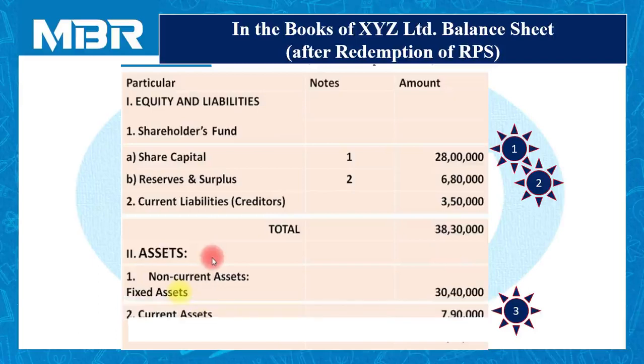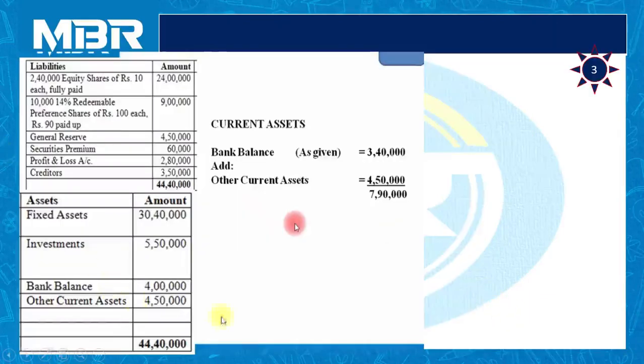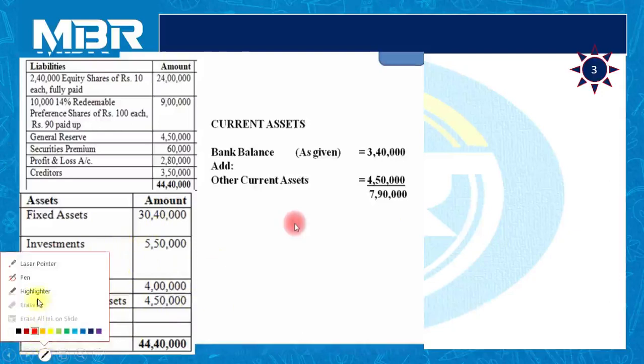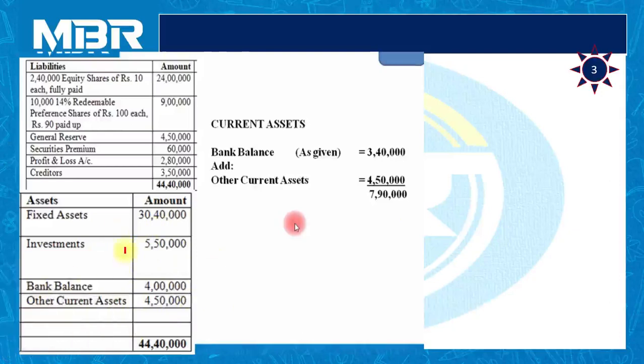Then second, current assets. You can check the balance sheet. On the asset part of the balance sheet, we have three more items, and we have to discuss all three very properly. The first item is investment, but these investments are not required to be inserted in the balance sheet of the company. Why?